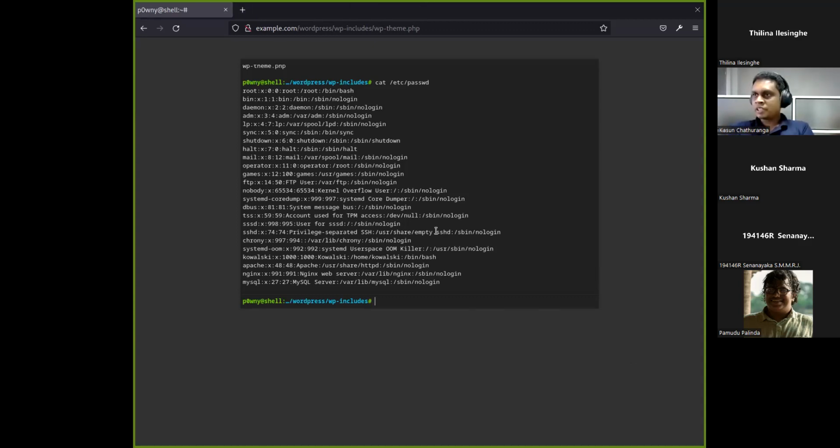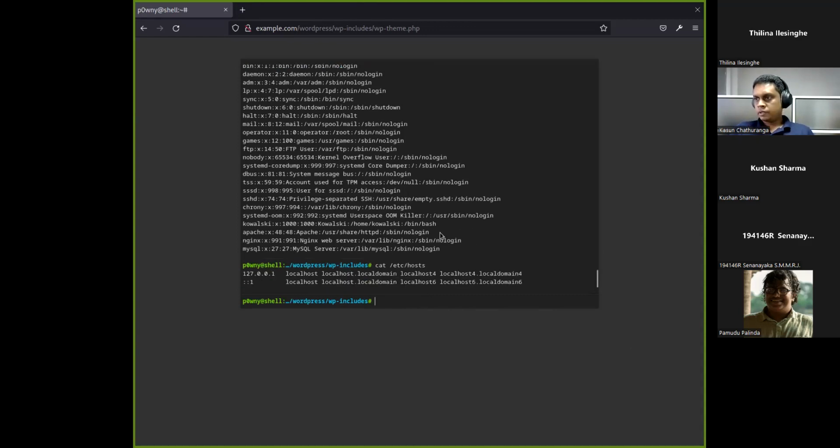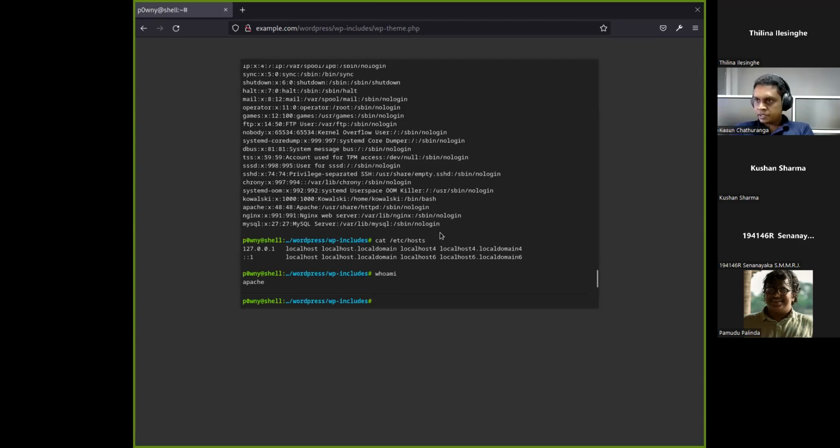Basically, that person can upload a PHP script like this and take complete control of the website, plus the web server also. So this is one such script I show as a demo.